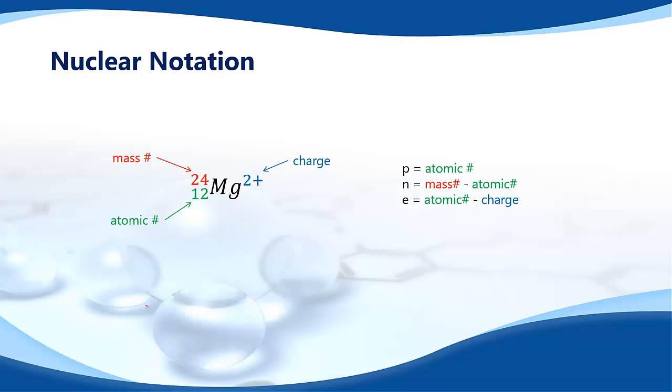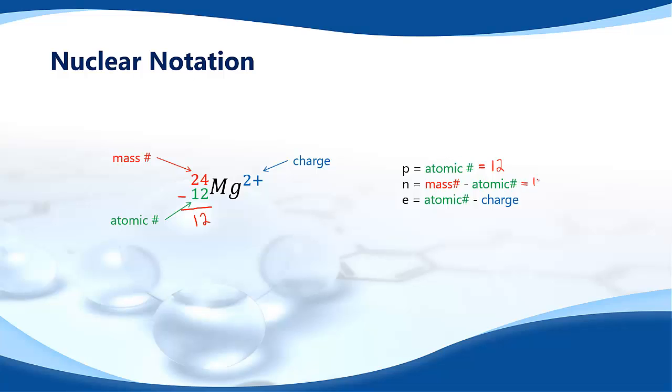So if I wanted to solve for this, my number of protons is the atomic number, which in this case is 12. Number of neutrons is the mass number minus the atomic number, so 24 minus 12 is 12 neutrons.